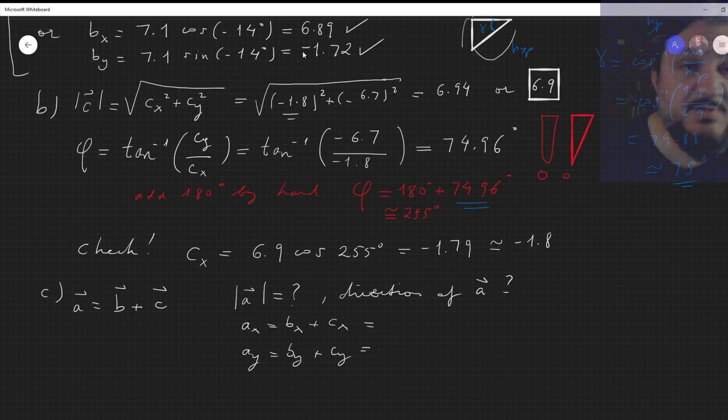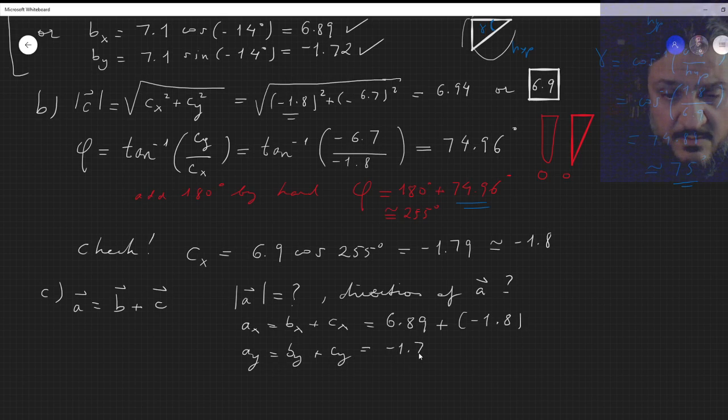So Bx was 6.89 and Cx was negative 1.8, and the By was negative 1.72, and Cy is negative 6.7.